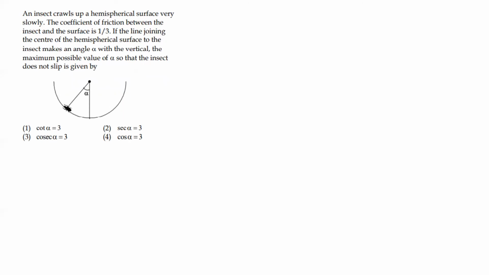Now, an insect crawls up a hemispherical surface very slowly. The coefficient of friction between the insect and the surface is 1/3. If the line joining the center of the hemispherical surface to the insect makes an angle alpha with the vertical, find the maximum possible value of alpha so that the insect does not slip. So friction is required to avoid slipping. Here it is the insect. This is alpha.